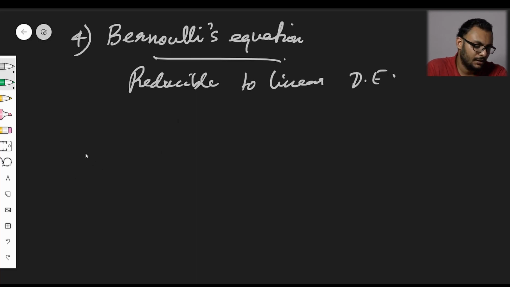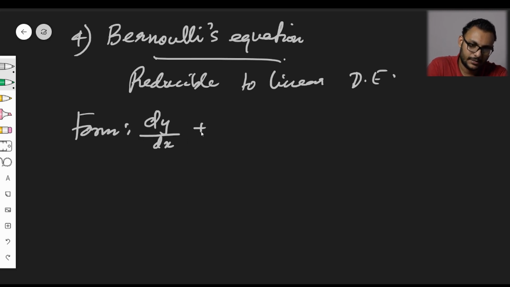Generally Bernoulli's equation will be of the form dy by dx plus p into y. Up to this it is exactly equal to the linear differential equation, but on the right hand side we will get a function of y as y raised to n, where n is the power of that y term.